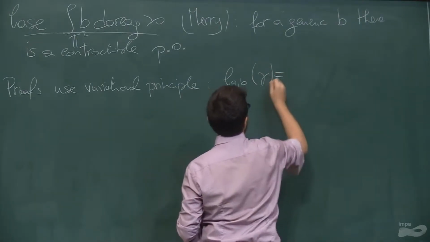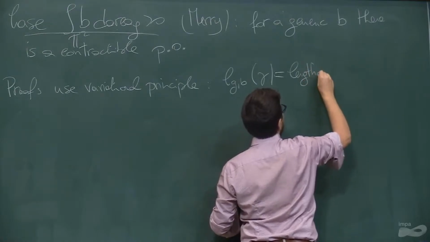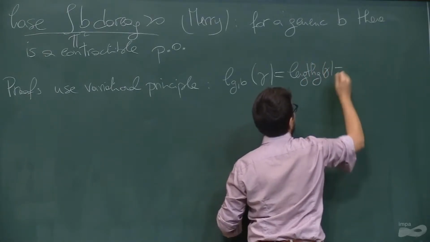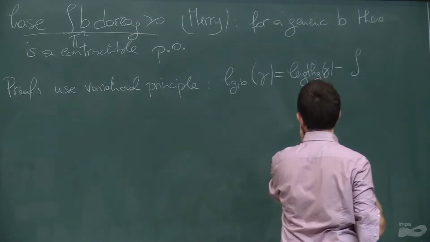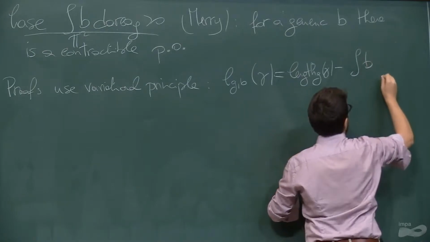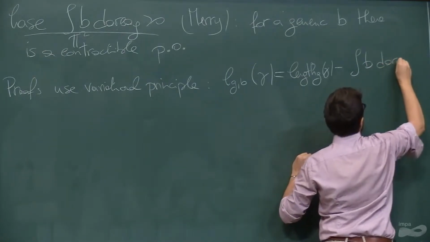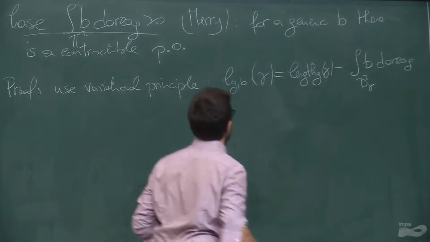It is the difference between the length of the curve with respect to the metric G and the integral of B over a disk bounding gamma.